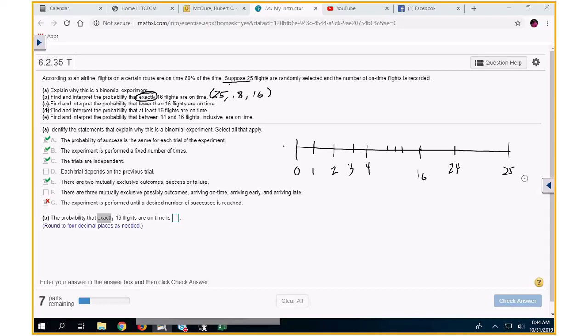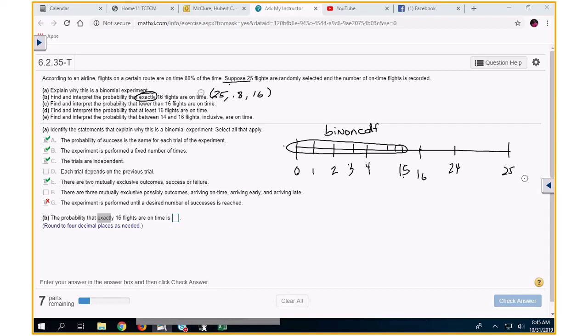Now what does this say? Find and interpret the probability that fewer than. What does fewer than mean? That means 15 or what? So I would use binomial CDF or PDF? CDF, because you want to add from 0 to 15.